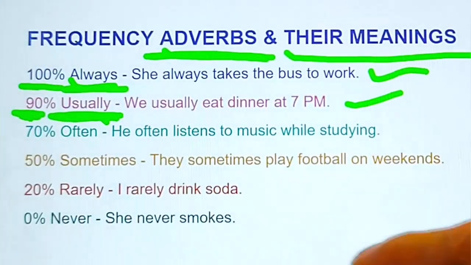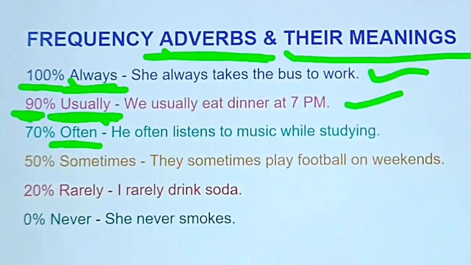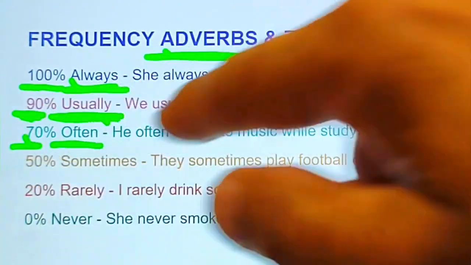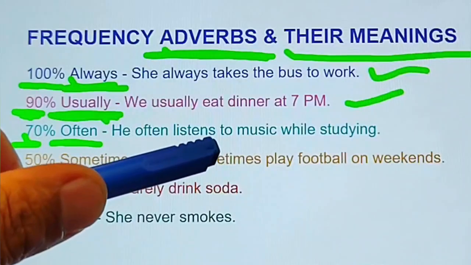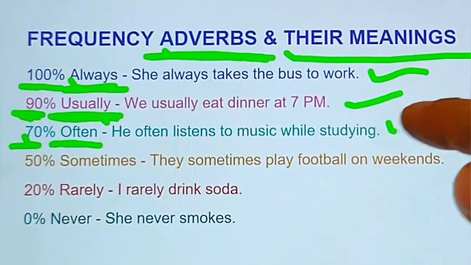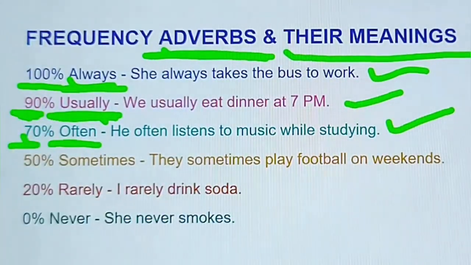And next here we use the adverb for time expression, often. Often, the probability of happening is 70%. So for example here, he often listens to music while studying. So this probability of happening is 70%, and we use the word often.